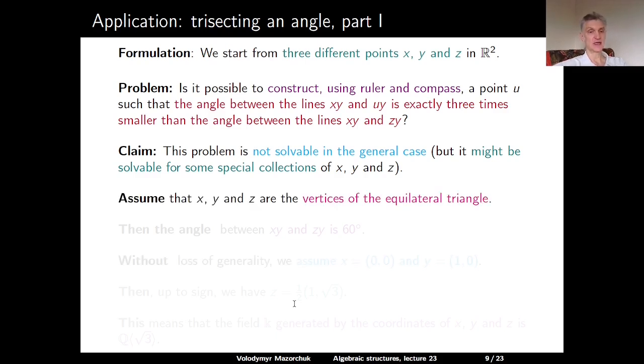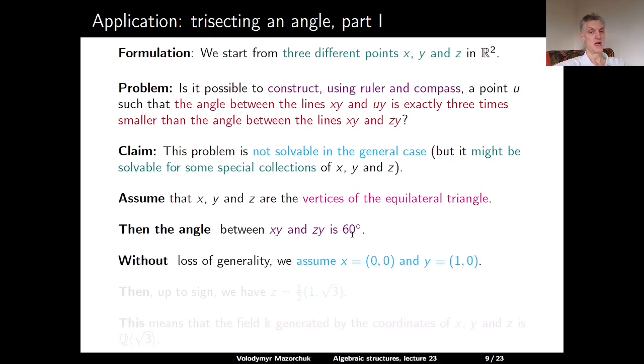Let us assume that x, y, and z are the vertices of the equilateral triangle. So this means that the angle between xy and zy is 60 degrees, so pi over 3. Without loss of generality, we again assume that x is the origin and y is the point 1, 0, and then up to sign the point z will be 1/2 of (1, the square root of 3).